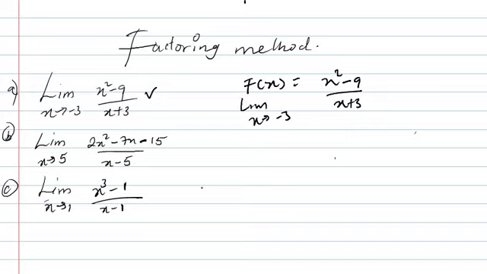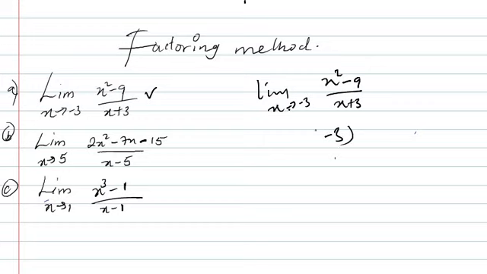If you try to use the substitution method to find the limit, you will end up with an indeterminate answer. If we use substitution, limit as x approaches negative 3, we let x be equal to negative 3.